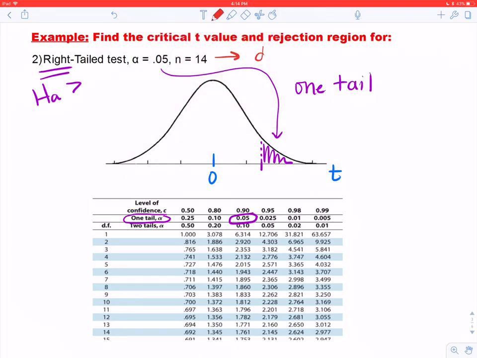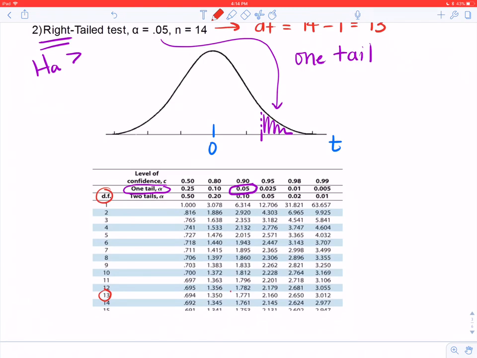And then degrees of freedom, we'll always take the sample size. In this case, I've got 14 values. And subtract from 1. And so pulling those two things together, I've got a value in my table of 1.771. And then again, you know about the sign.